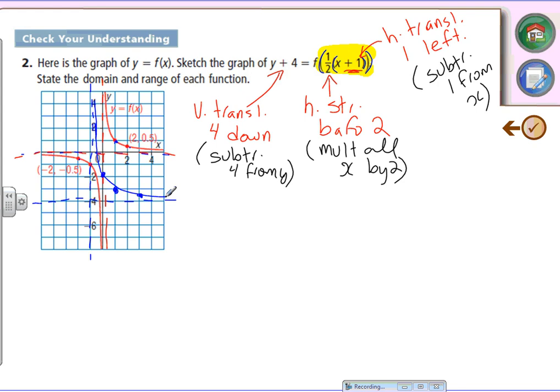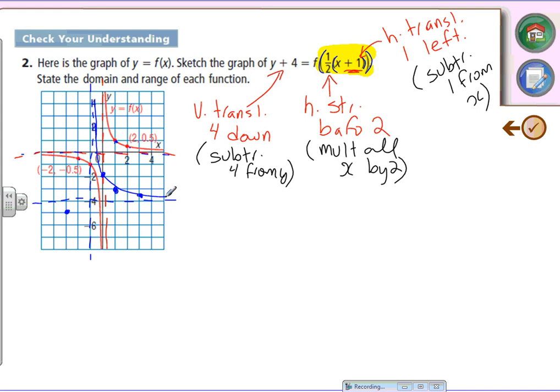Then let's take the other points. We got this point right here. Multiply it by 2. It was at -1. So now it becomes -2. 1 to the left, it's at -3, and 4 down. 1, 2, 3, 4. We're going to put it right there.